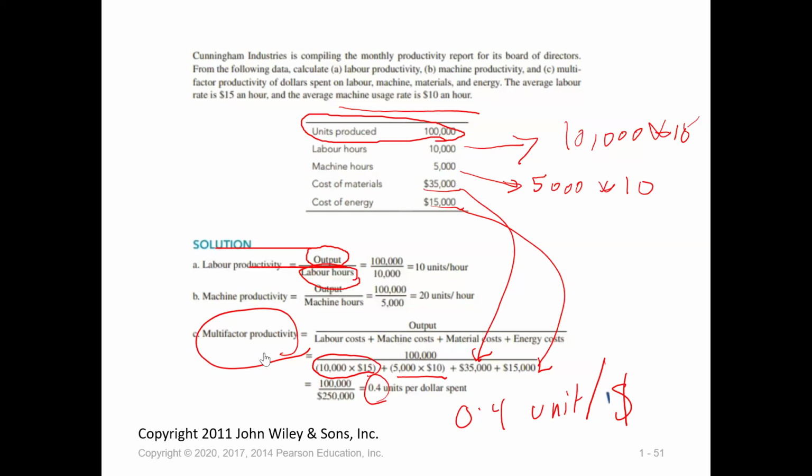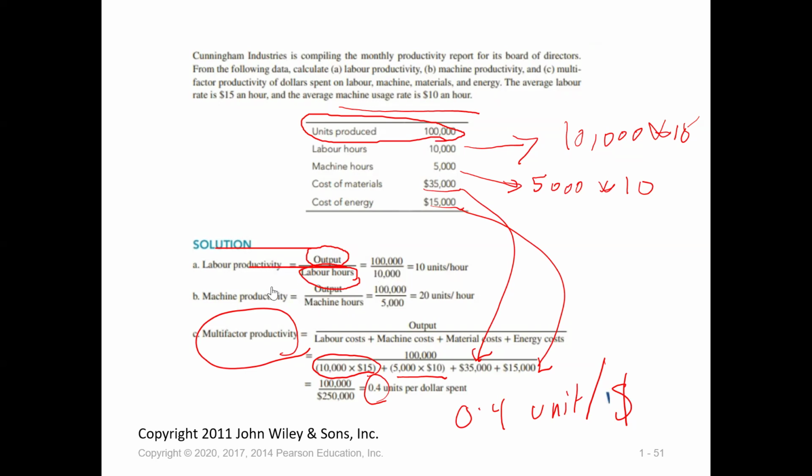And then for the multi-factor, the single factor is easy, just the single factor here for the labor hours. So 100,000 units produced divided by 10,000 labor hours, so 10 units per hour. See here, we have labor productivity.